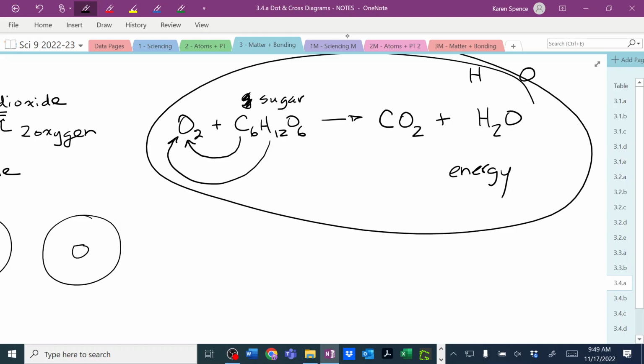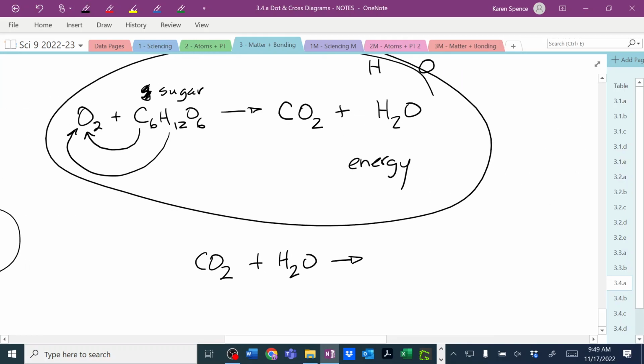And you know what's really magical? Do you know what plants do? Plants take carbon dioxide and put it together with water, and you get sugar and oxygen.